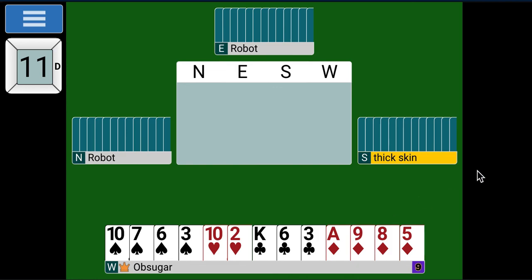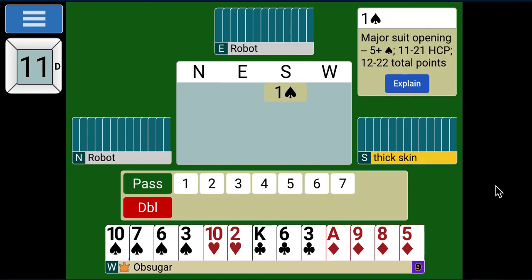And probably going to need to, let's see what happens. Let's see if they can handle it. We've got thick skin sitting South. Maybe he will make this happen correctly. This is where I was worried that we might have to.